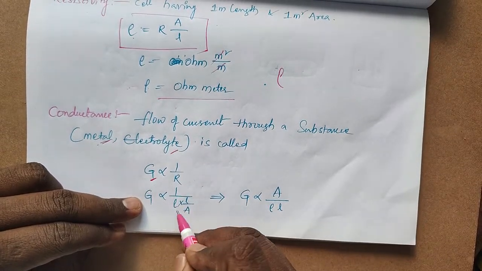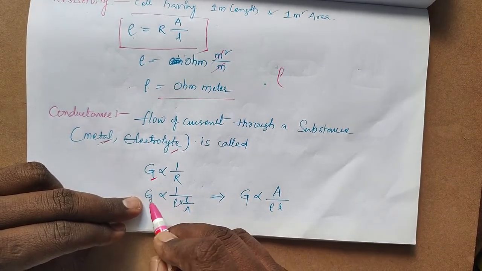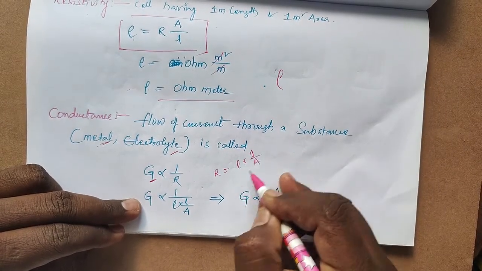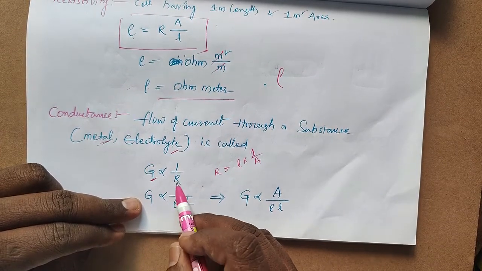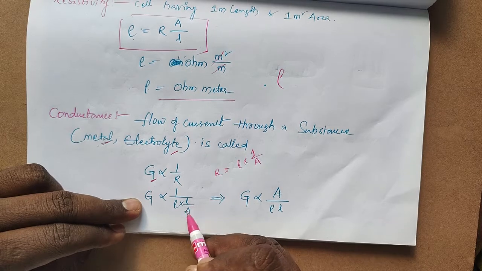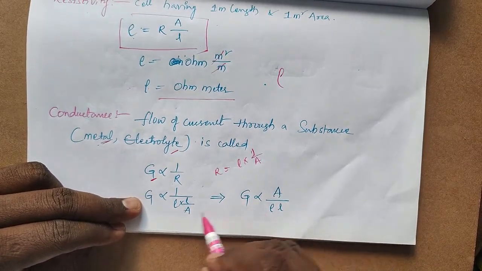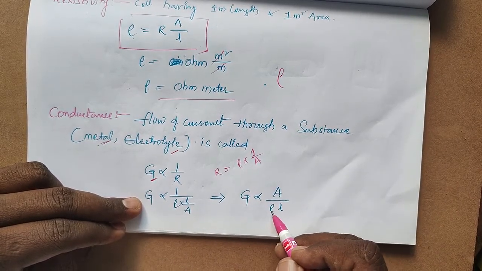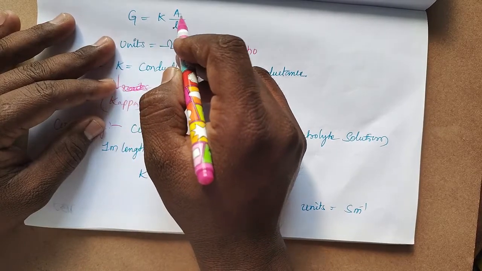We already know R equal to rho into L by A, so G is proportional to 1 by rho into L by A. Rearranging, G is proportional to A by rho into L, and removing proportionality, we get G equal to K into A by L.